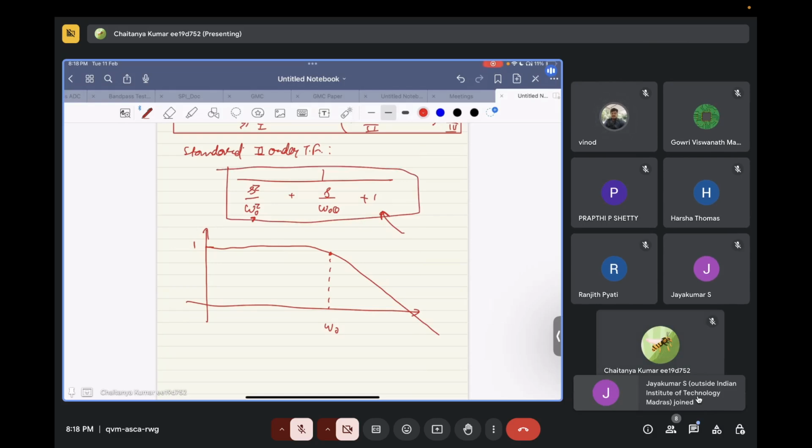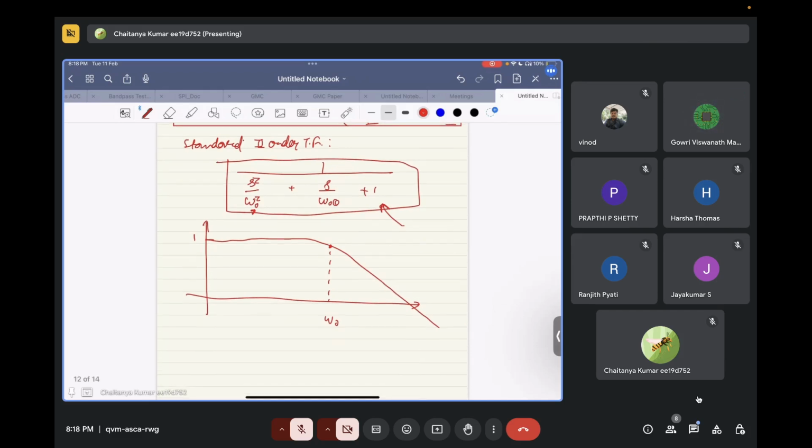You understand these terms, omega naught q? Are you familiar with this? What does q stand for? Quality factor, you guys know? Okay, no issues. Just tell me what will be the gain at omega naught.